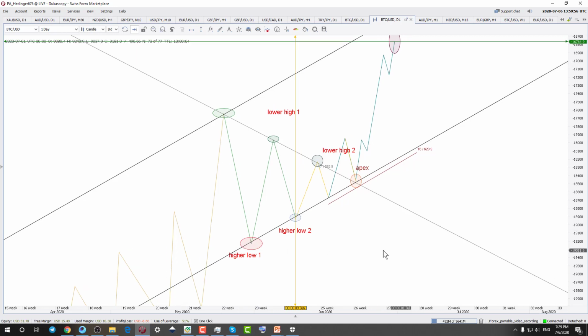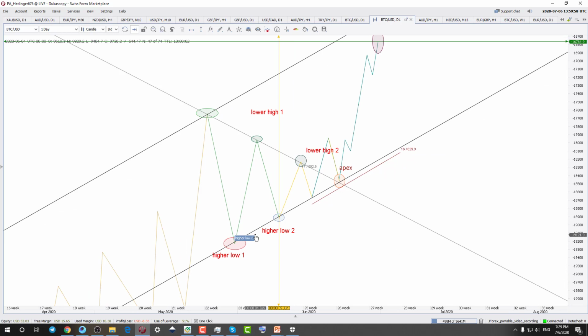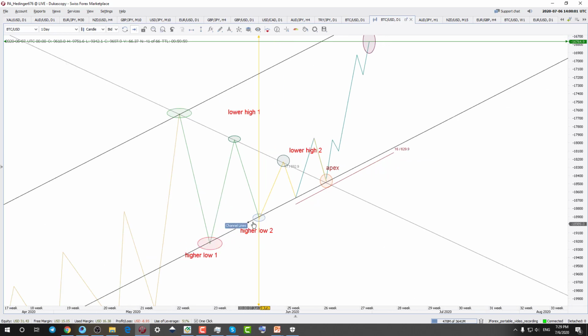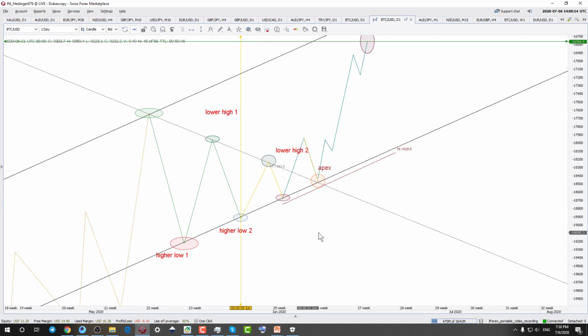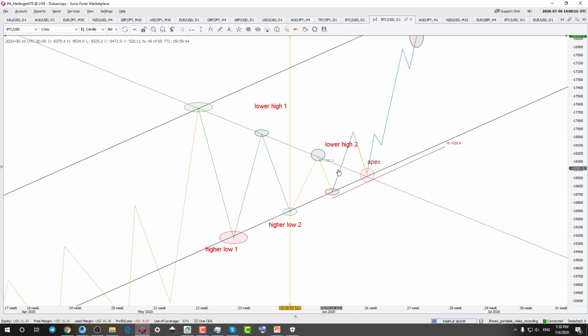There is a requirement of at least two higher lows and at least two lower highs. There can be more higher lows than this, like this here is the third higher low. And when we draw these lines, an apex is formed.